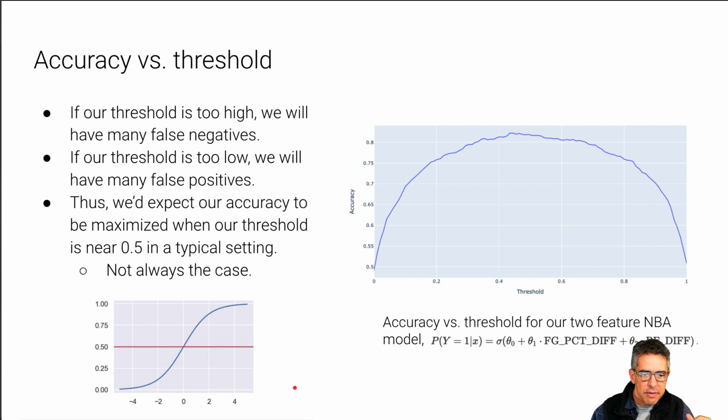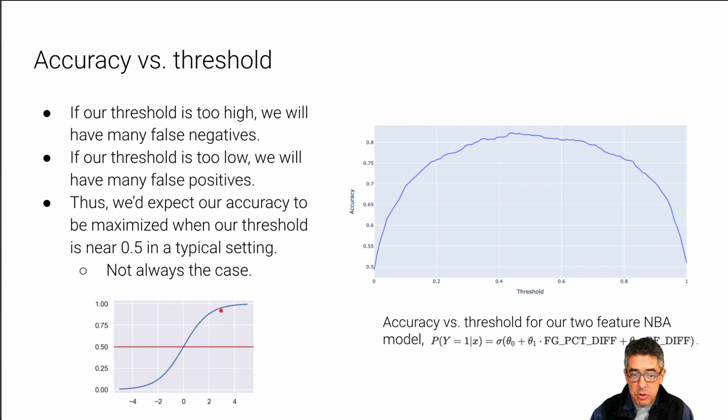And I think the easiest way to get some intuition into what's going on here is to go back to the standard curve of our logistic function, where the threshold is our horizontal cutoff line, right? In this case, it's set at 0.5. So what we want to ask is, what happens as I move this line up or down? If we move the line up, if we make the threshold higher, what we're saying is we classify less and less things, as only the things that are above the line are going to be classified as belonging to class 1.